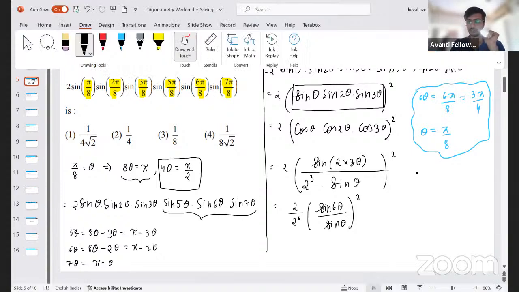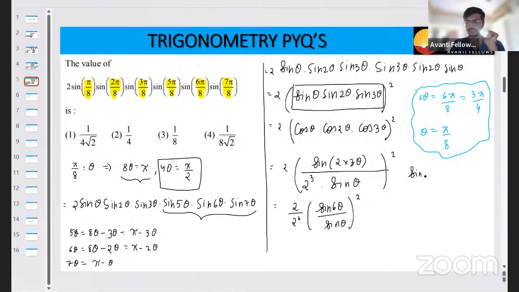So here let me write what will be sine 6 theta. Sine 6 theta will be sine 3 pi by 4, right? Which is 1 by root 2, 45. And sine theta is half of 45. I think we made some calculation error. Let me check the question.